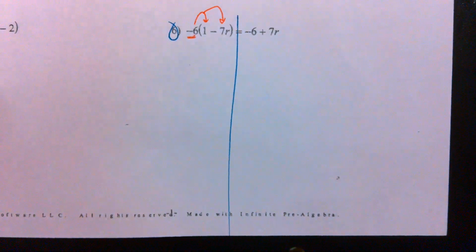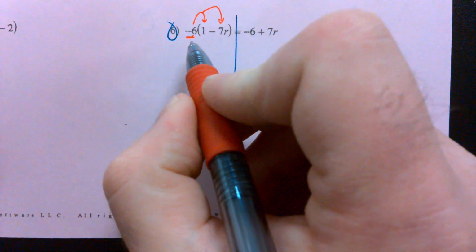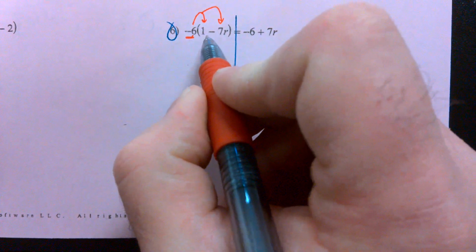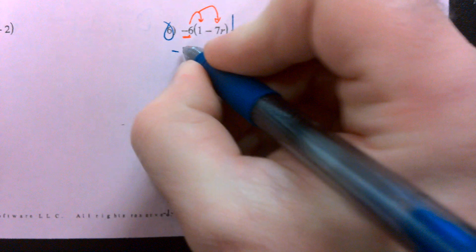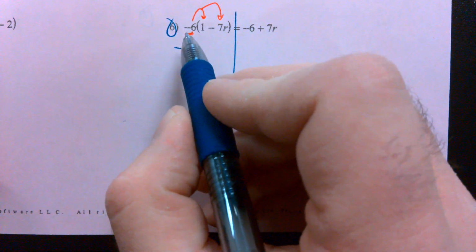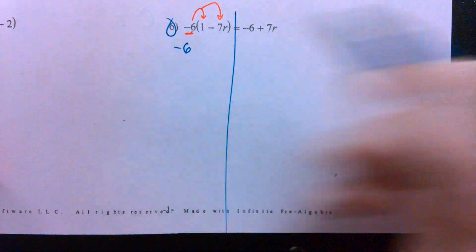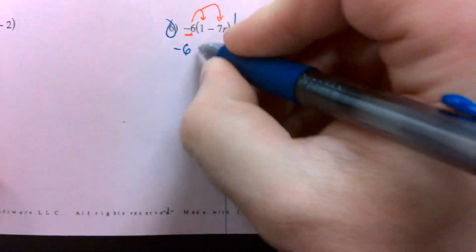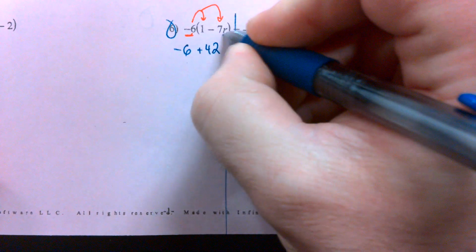We're going to multiply by 1 and we're going to multiply by -7r. Okay? What is -6 times +1? -6, thank you, Ida. And what is -6 times -7? Positive 42. We've got an R on there, so we'll put an R as well.